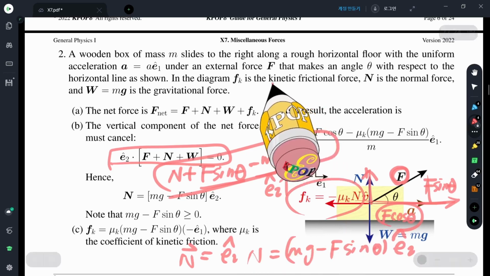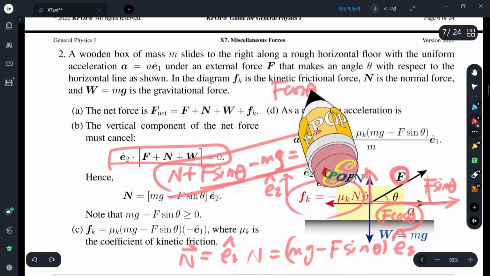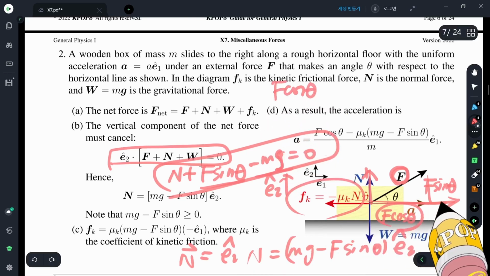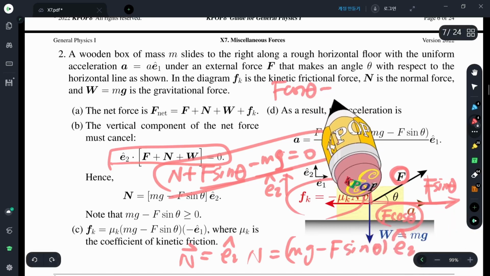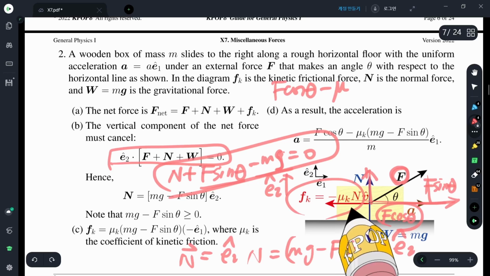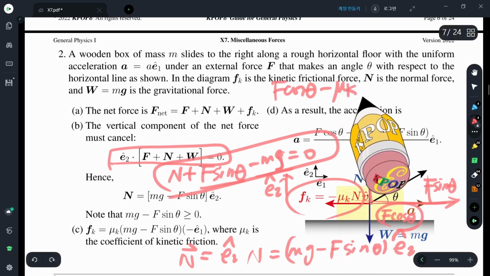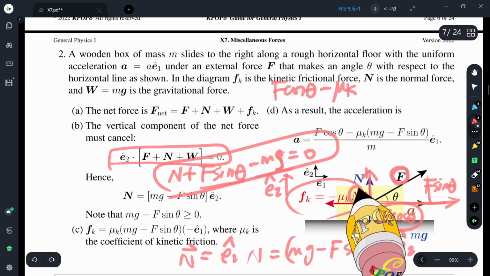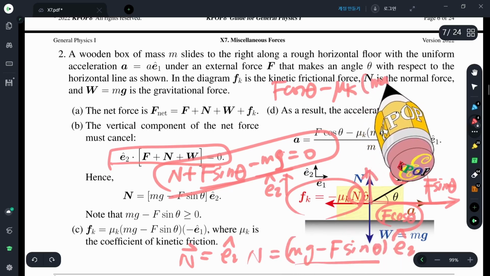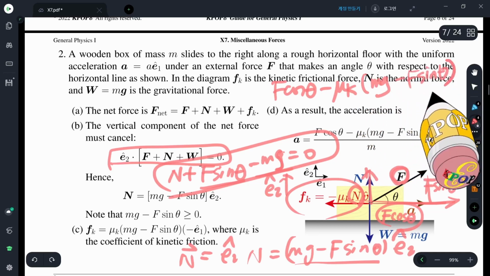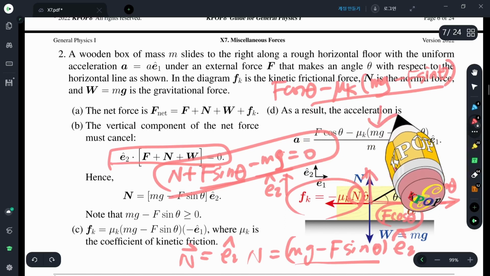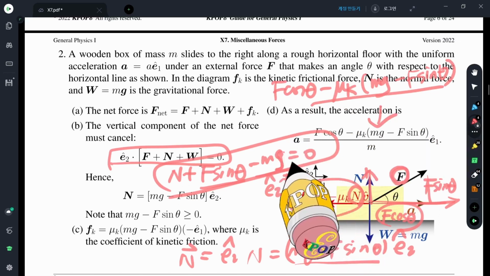F cosine theta is the component parallel to the motion, and backward there is a kinetic friction force. We multiply by the normal force, which has been determined like that, given here. So we have determined the acceleration as it is.